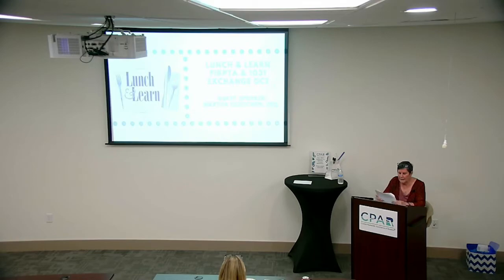The like kind, in the eyes of the IRS, they use a pretty liberal definition for like kind. So you can exchange an apartment building for a farm, or vice versa. Sell a farm, buy an apartment building.